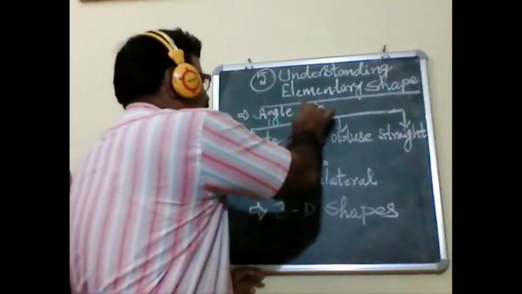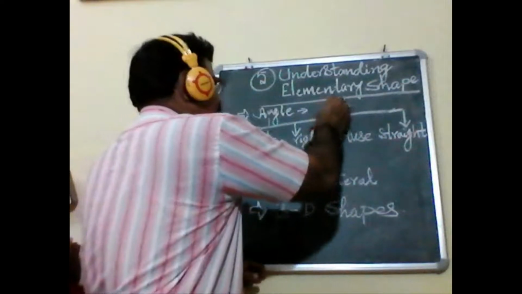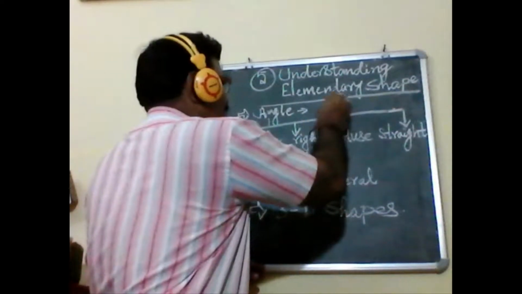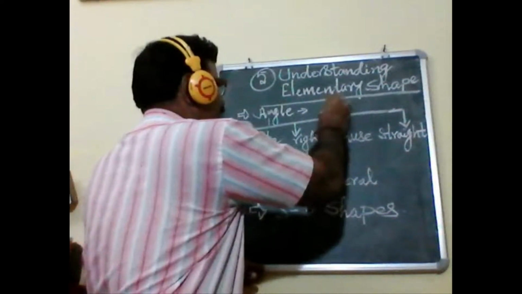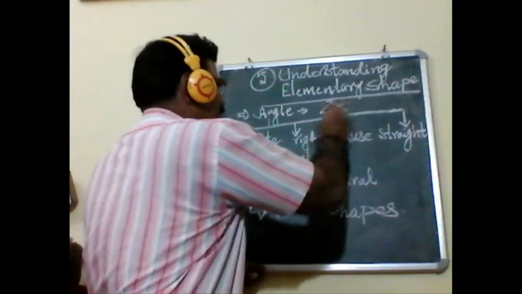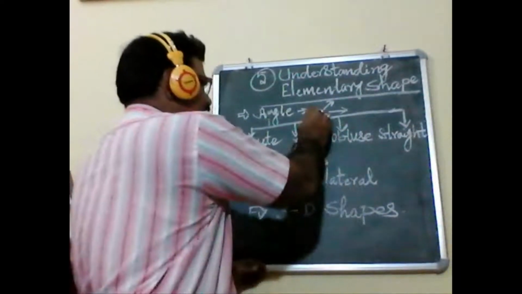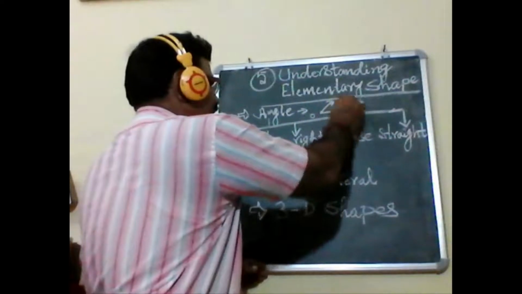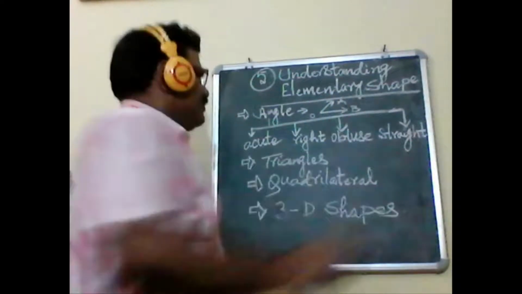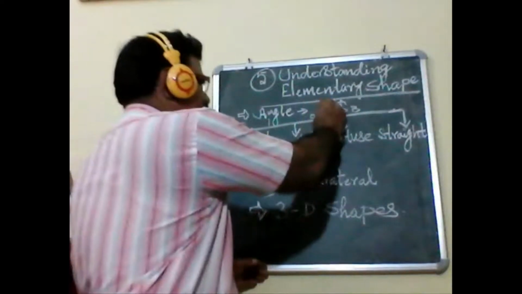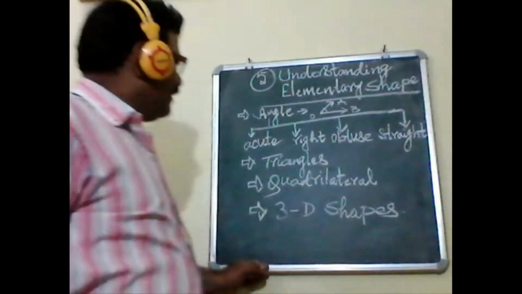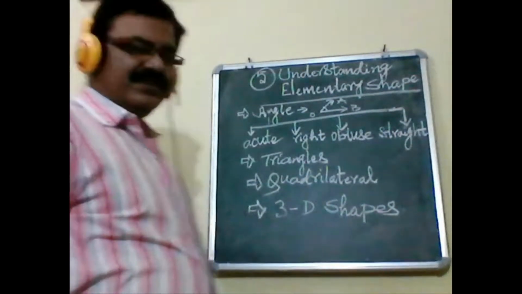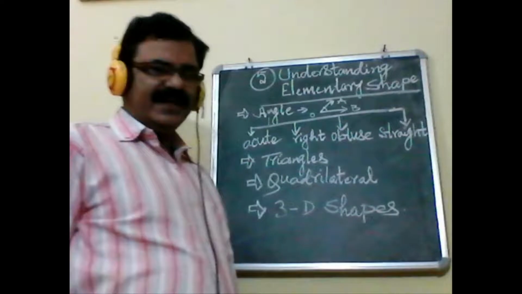Suppose there are two line segments, you can name them AB and AC. This is the vertex. So this AOB, this inclination, is called an angle. Now the question is how this angle can be classified.